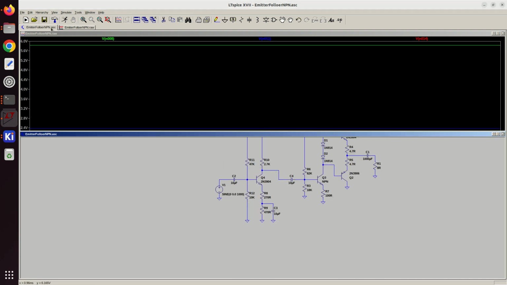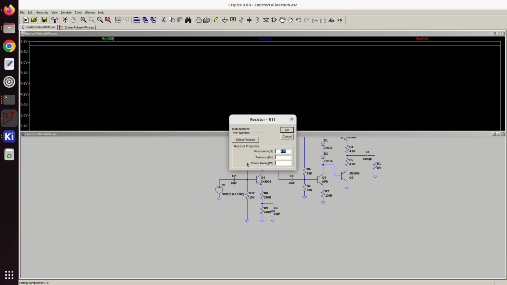There's not a lot of point in trying to get everything perfect. Nope. So let's go. So 47. So 56. Okay.